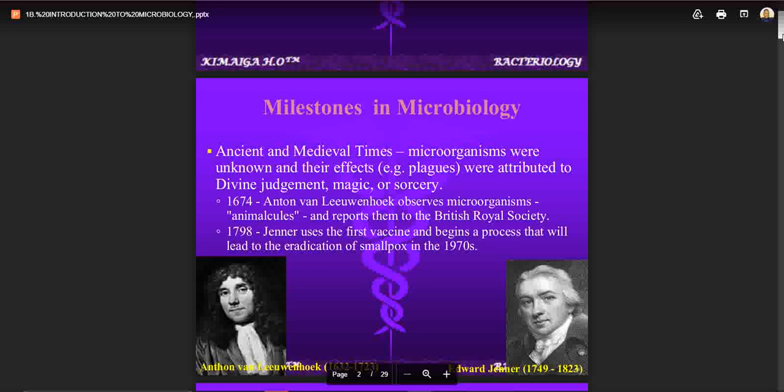But then in 1674, Anthony van Leeuwenhoek observed microorganisms, which he called animalcules, and reported them to the British Royal Society.